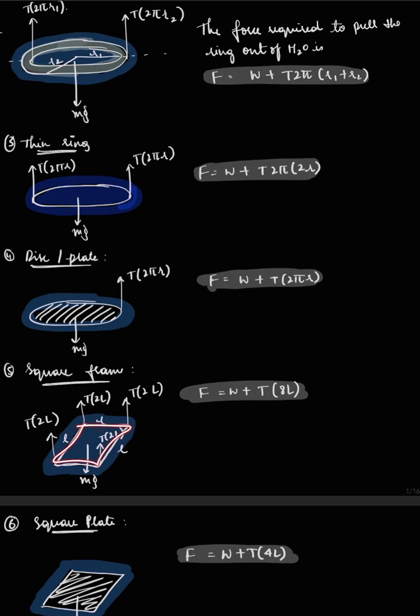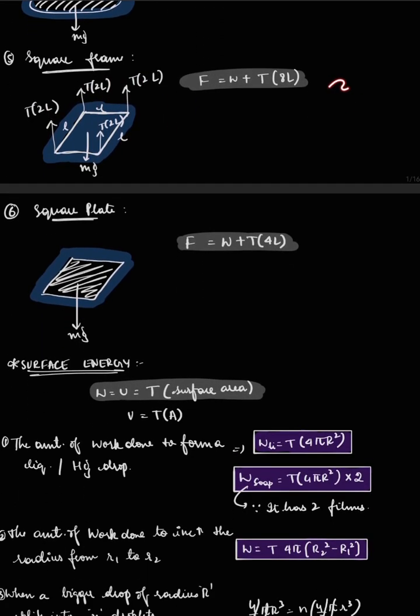You know how a frame is. The frame will be like this, not like this. The force is W plus T into 8L. Because 2 plus 2 is 4, 2 plus 2 is 4, 4 plus 4 is 8. It's like that. Now what about for a square plate? Downward mg and T into 4L.